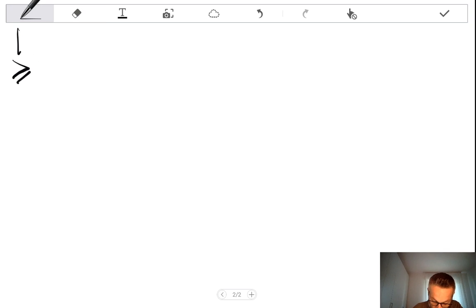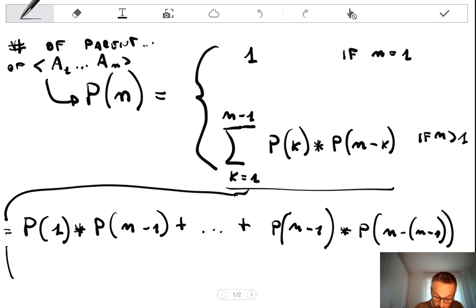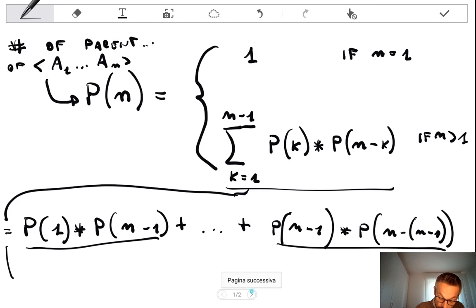Let me go back for a while. Notice that this is equal to this one, because if I simplify the last term of P, I end up with 1, and of course multiplication is commutative, so this one and this one are equal.